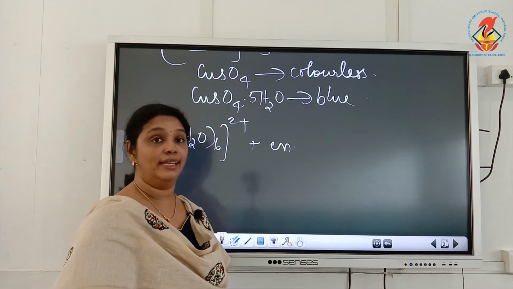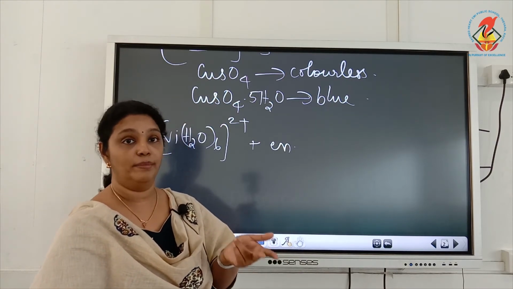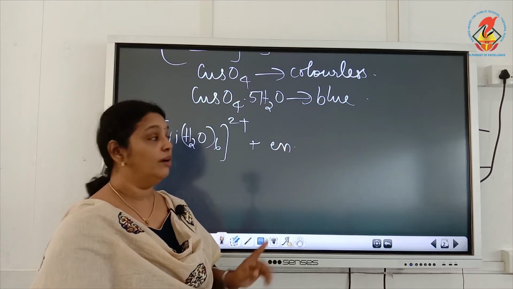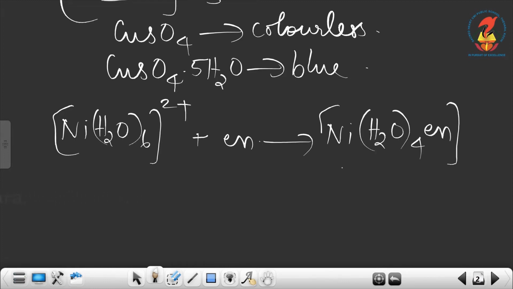What happens? Two water molecules will be replaced by one en. Now I am going to write the product formed. It will be [Ni(H2O)4(en)]2+ + 2H2O. And the color of this compound is pale blue.